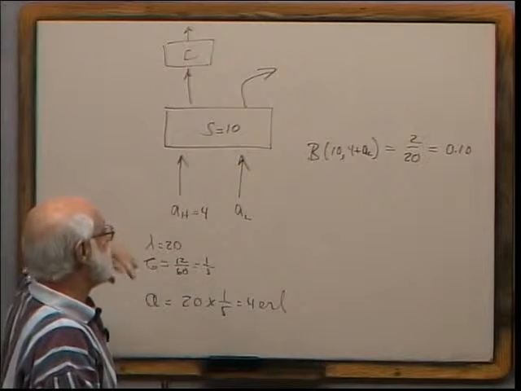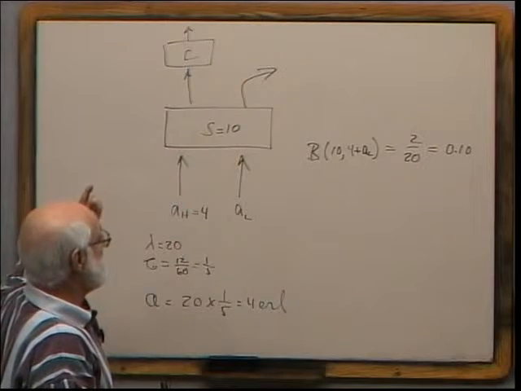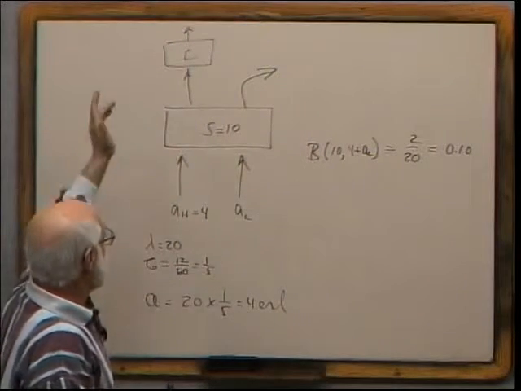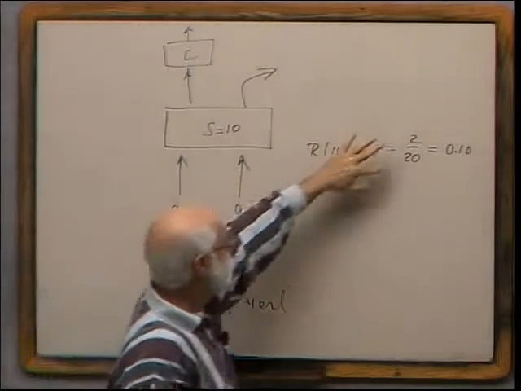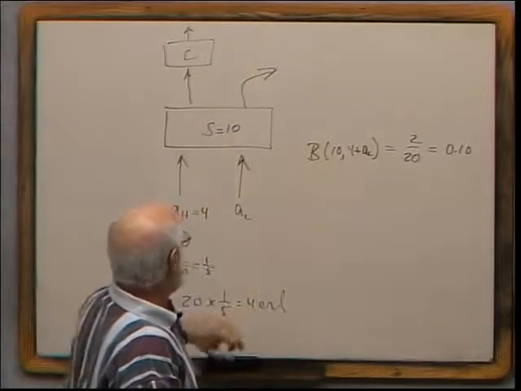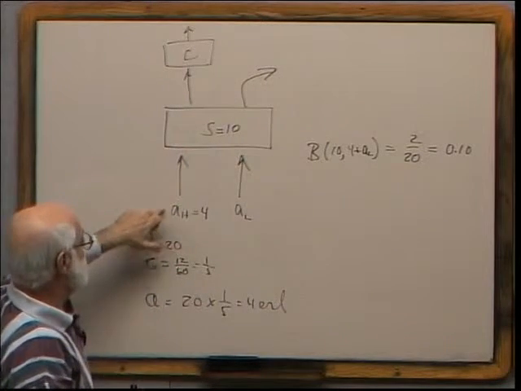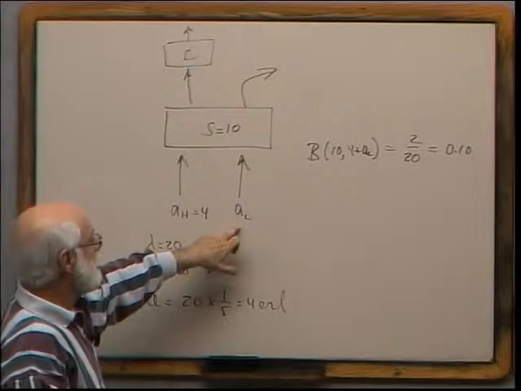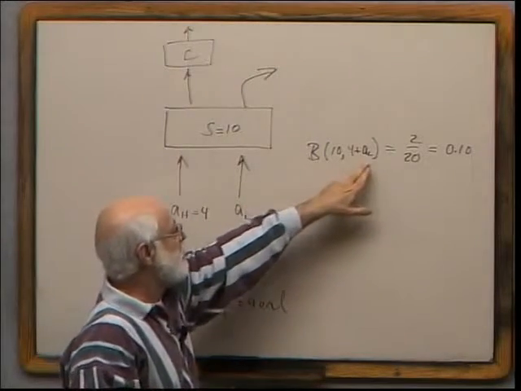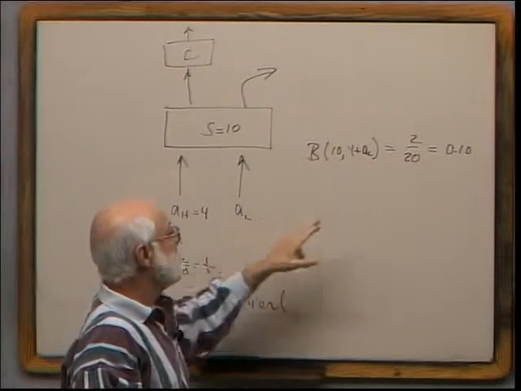Okay, so it says in this case that we have a certain probability of blocking. We know the number of servers. We know the offered load for this stream, but we don't know the offered load for this stream. So from this, we can figure out what the offered load from this stream must be because we know what the probability of blocking is.